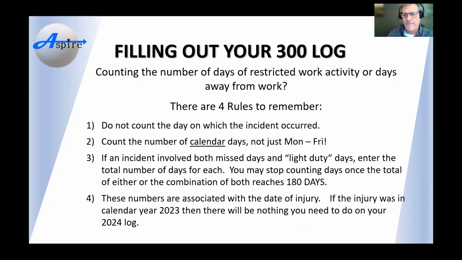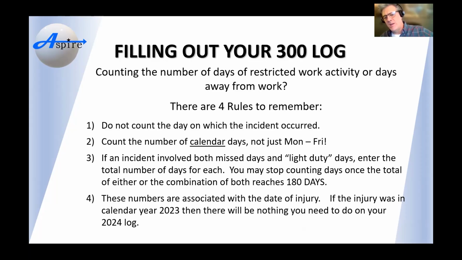So you would never have a log entry for the same injury in 2 consecutive years. It all goes back to that calendar date of injury, and what year that happened in. And that's where all that documentation would reside.